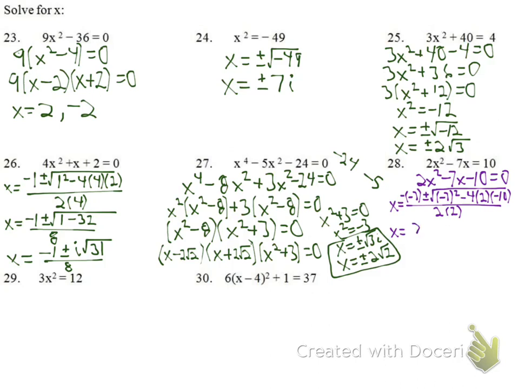We get 7 plus or minus the square root of 49 plus 80, over 4, which comes out to be 7 plus or minus the square root of 129, over 4.